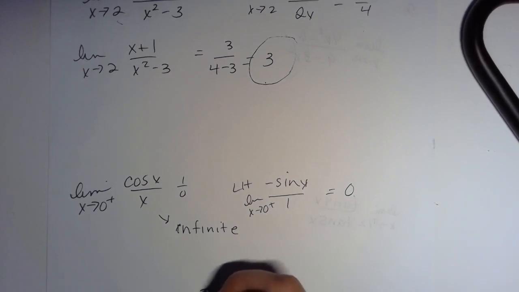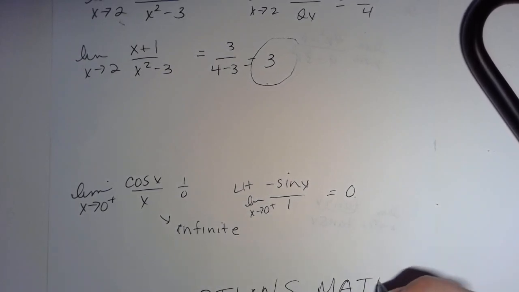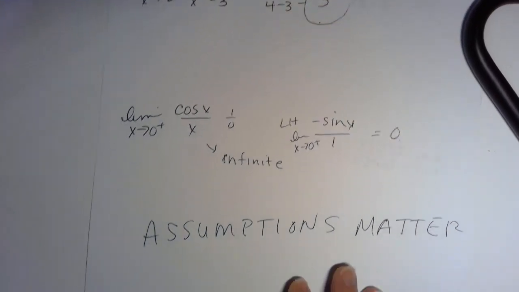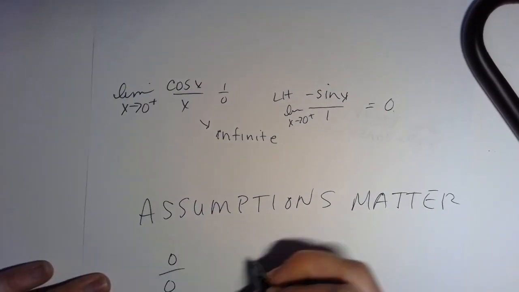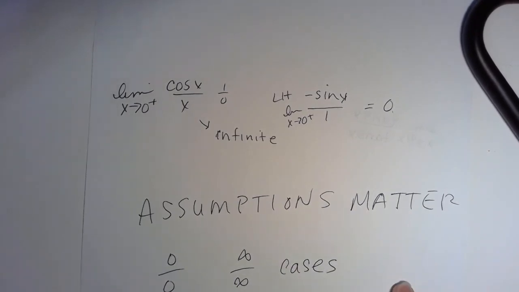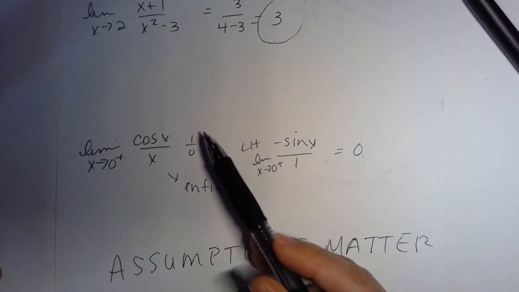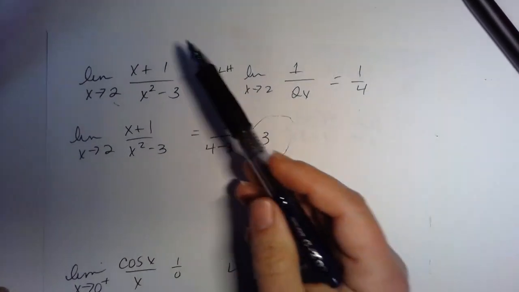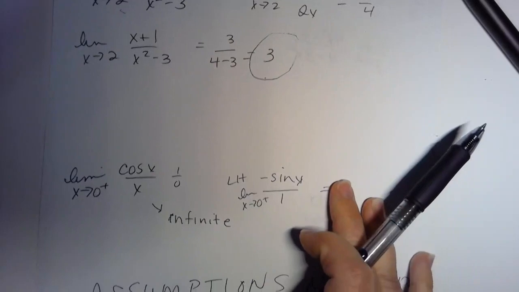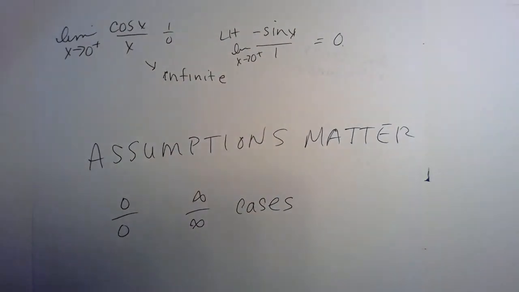The rule says that I can use it when we have 0 over 0 or infinity over infinity cases. This has to be the case. It doesn't work if I get a number over 0. It doesn't work if I can just plug it in. I'm going to get the completely wrong thing. So when we're using these rules, we do need to make sure that we're using them appropriately.